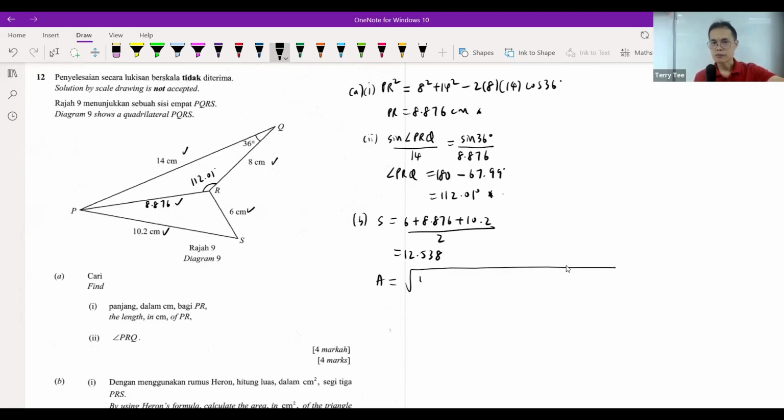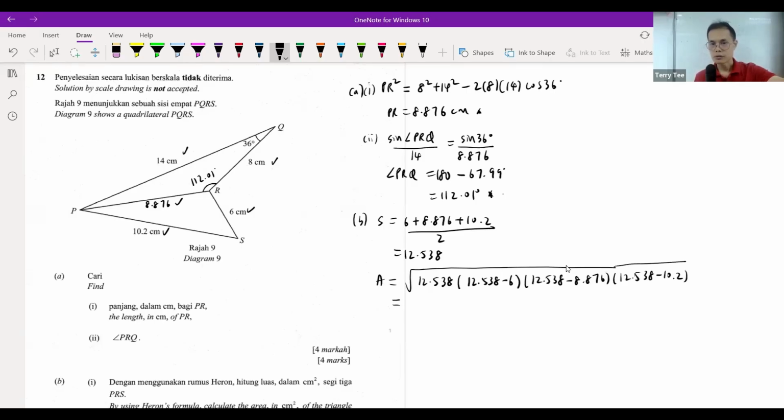Remember, first we take the semi-perimeter, then take the semi-perimeter minus each side. Now let's start with the smallest side, which is 6. 12.538 minus 6. Second one is 12.538 minus 8.876. Third, 12.538 minus 10.2. There you go.